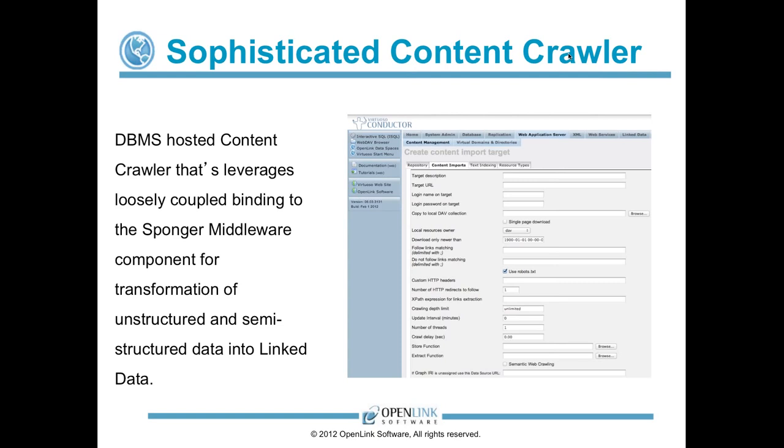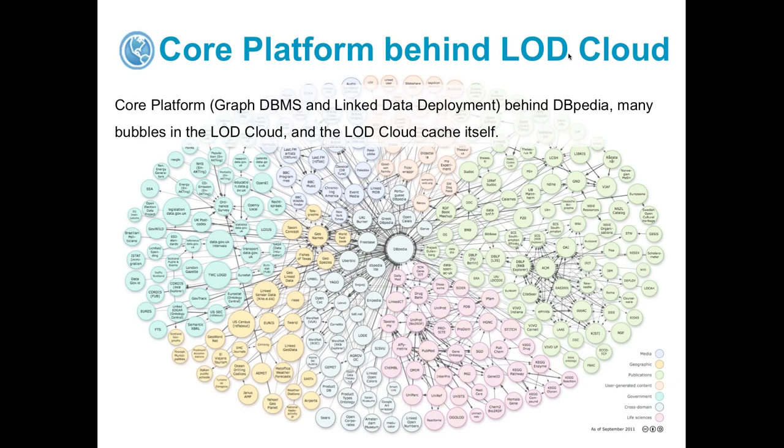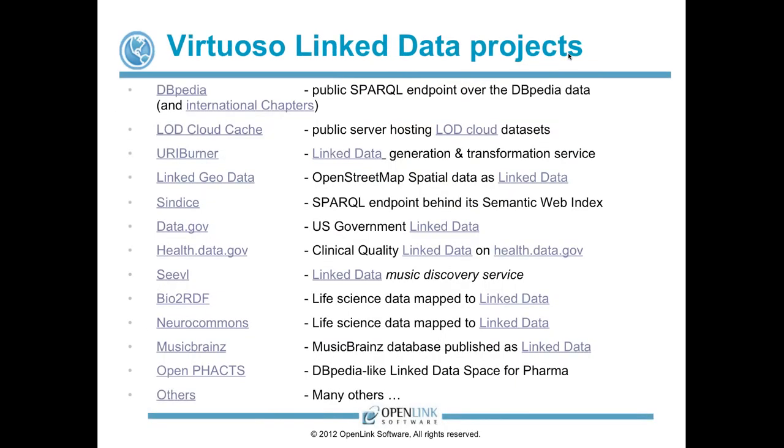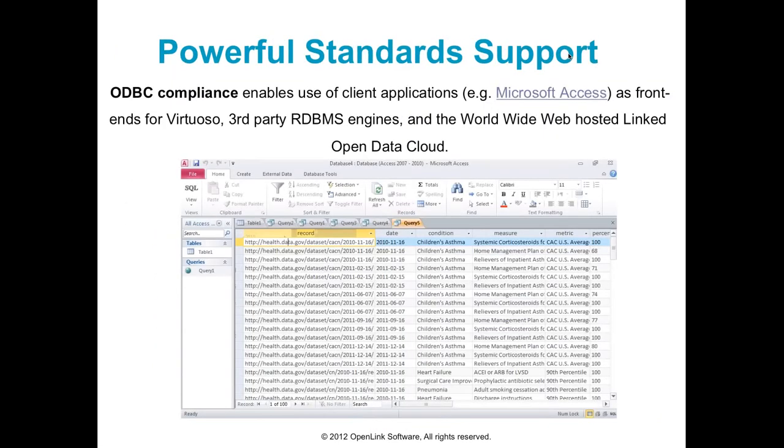Virtuoso also includes a content or web crawler that can be used in conjunction with the Sponger to perform scheduled ingestion of data into Virtuoso. Virtuoso is used for hosting many of the core data sets in the linked open data cloud, some of which, or the most popular ones, are listed on this slide.